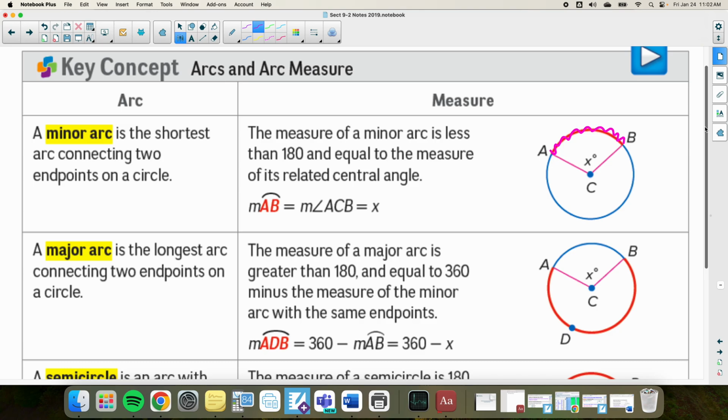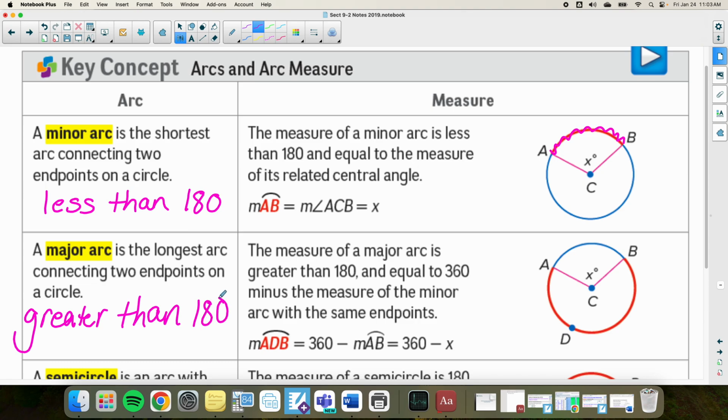So what we have to do is learn what is the difference between a minor arc and a major arc. A minor arc is always going to be less than half the circle, or less than 180, okay? Less than 180. A major arc is always going to be greater than 180.